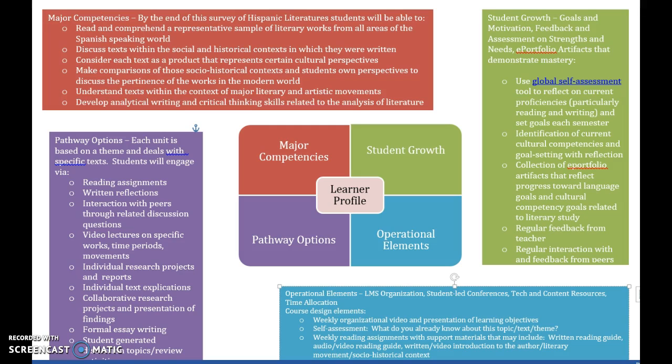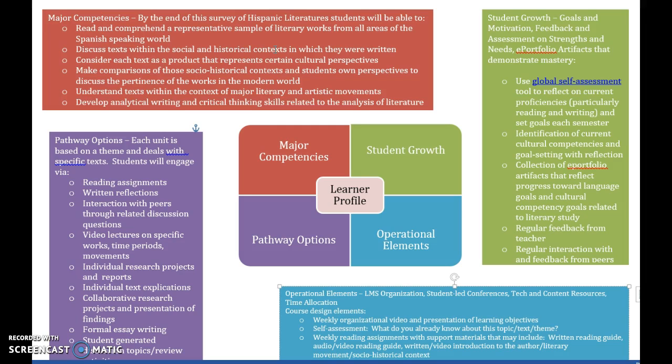In terms of major competencies, they would want to read and comprehend a representative sample of literary works, discuss the text within the social and historical contexts in which they were written, and also in the literary, cultural, or artistic movements in which each work was written.